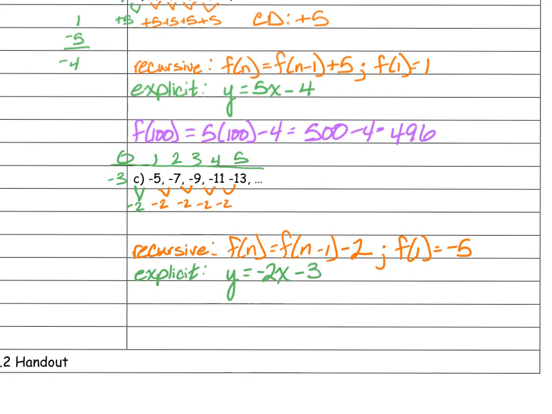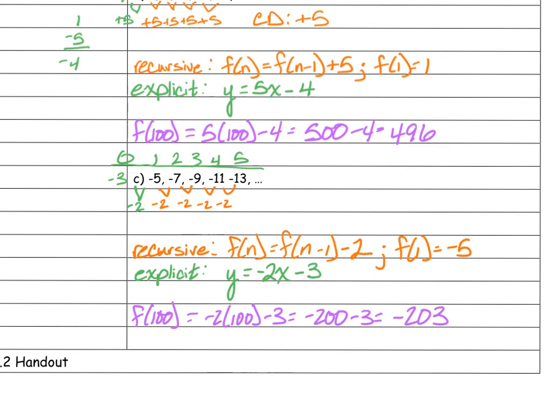Good job, you guys. Okay, and then I want to find f of 100. So that's going to be negative 2 times 100 minus 3, is negative 200 minus 3, should be negative 203.